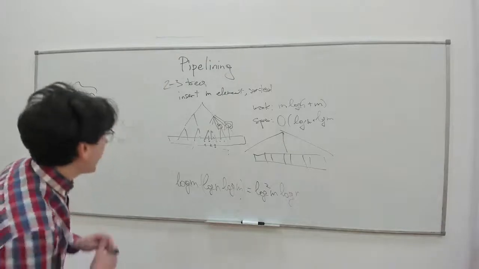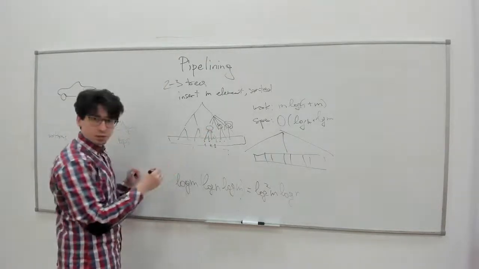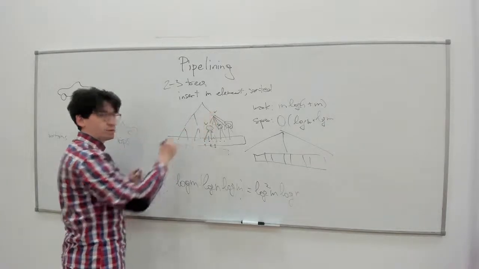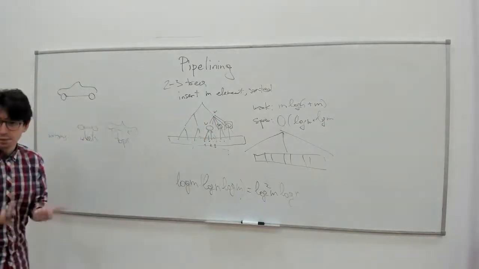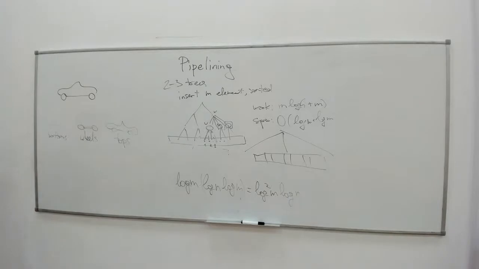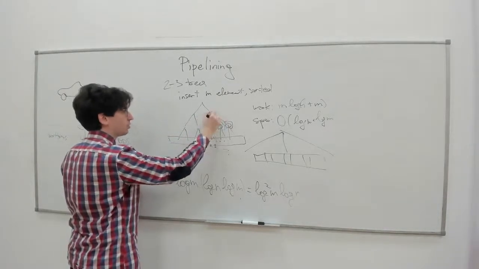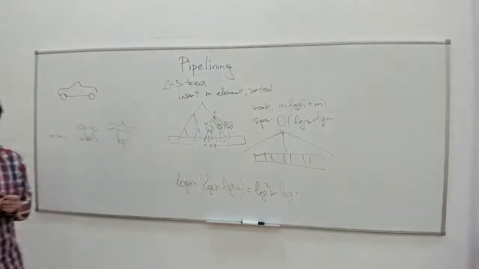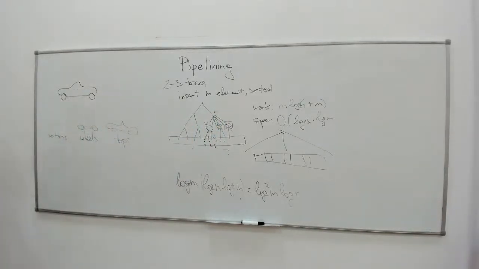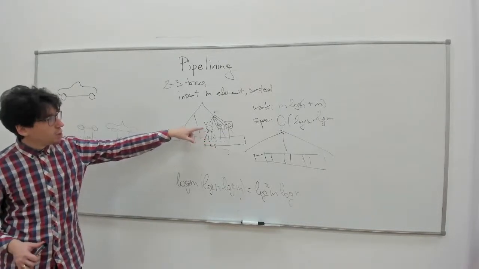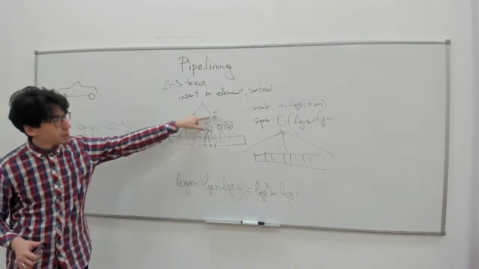When you add your element, you only affect the parent and the grandparent in the worst case. So you can see that when we insert an element to the lower level, we change this guy and this guy in the worst case.